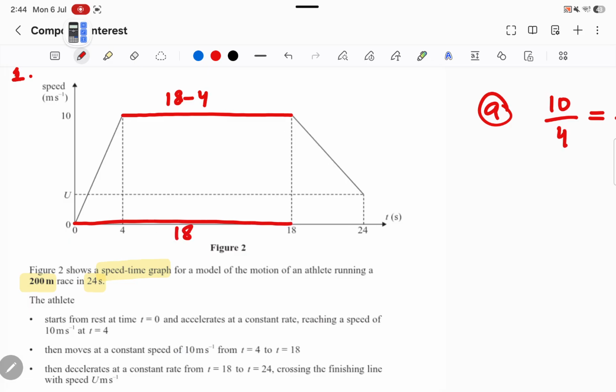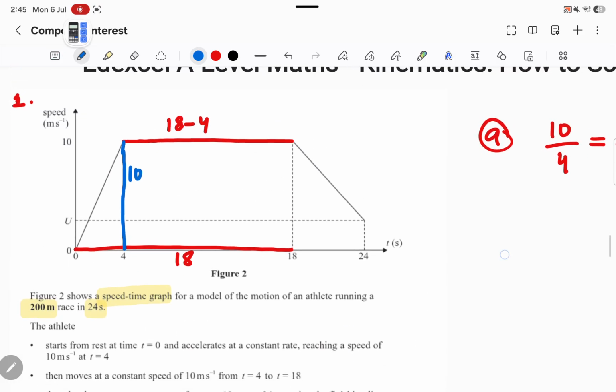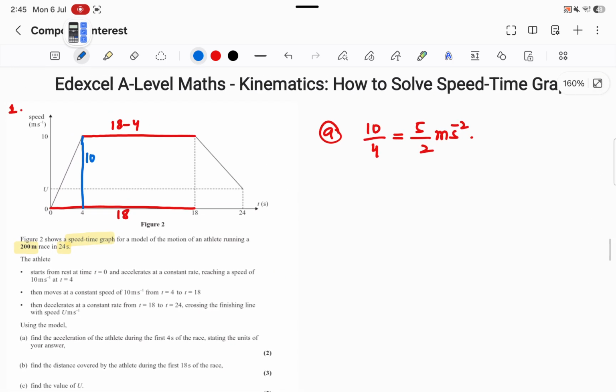And we need the distance between them, which is 10. So now if we work out the area of this shape, the area of the trapezium would be half times the sum of the parallel sides, which is 18 plus 18 take away 4 is 14, times the distance between them, which is 10.